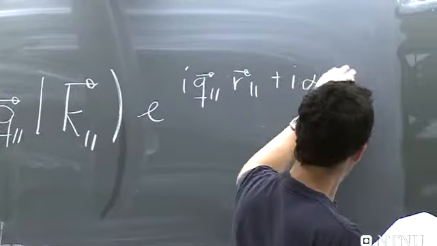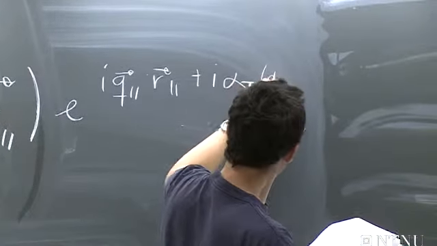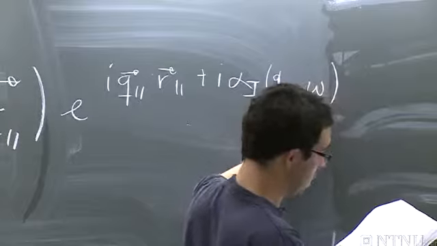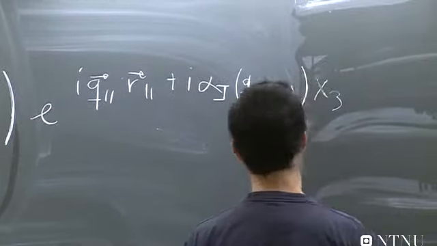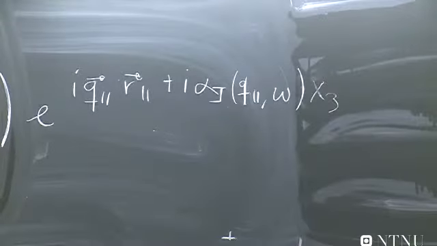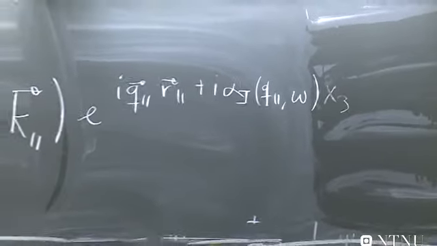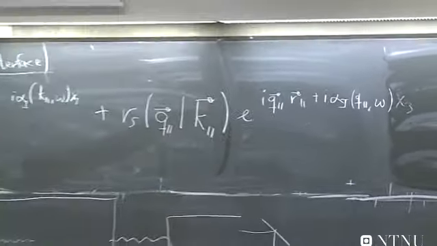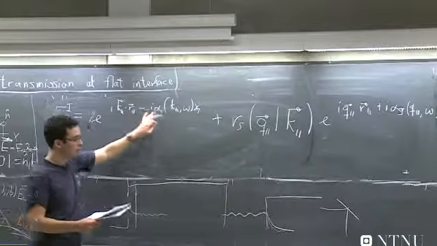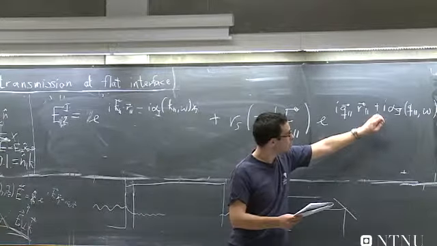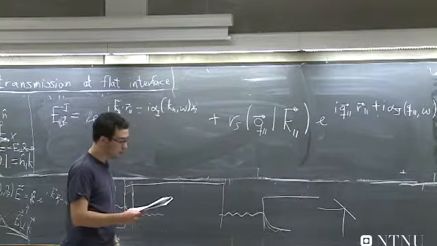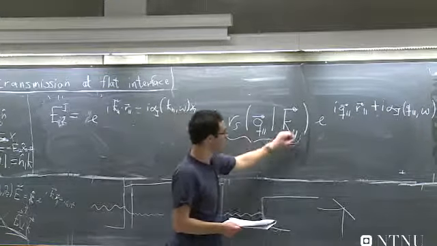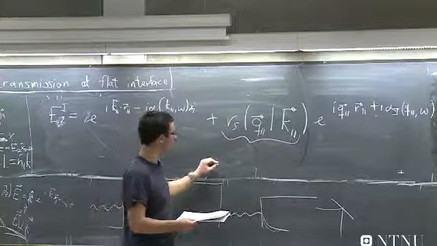Alpha 1 x3. Wow. Okay, that pretty much fills up the blackboard. That's in medium 1. The minus here means downgoing, the plus is upgoing. And this is the reflection amplitude from k parallel into q parallel.